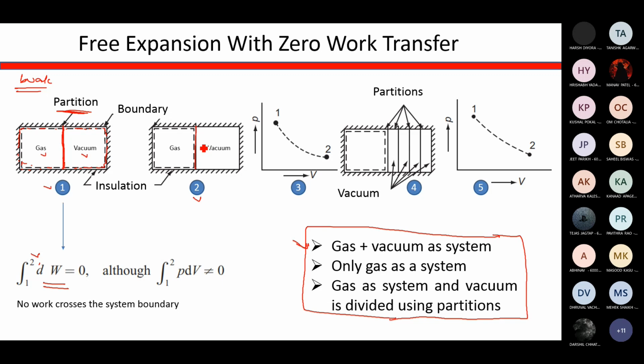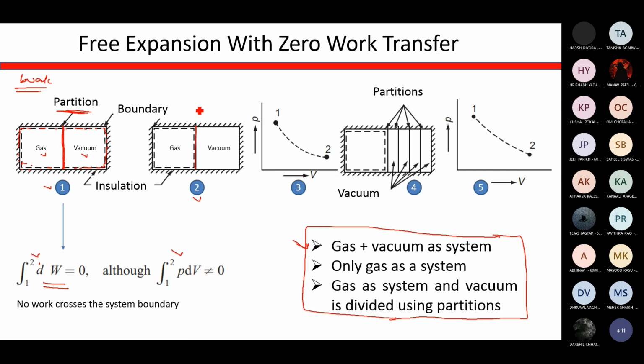And then I will take out this partition and allow the gas to expand. Now this time you may say that the gas is crossing the boundary here, right? And then you can think about solving this integral PdV, right?